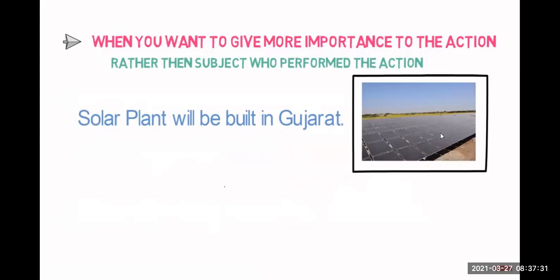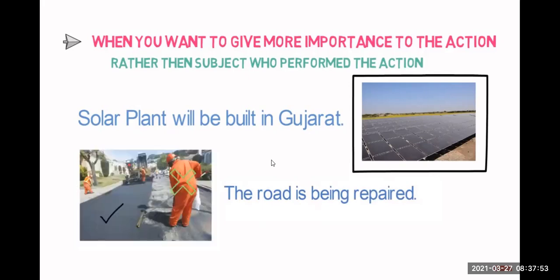The important thing is that the solar plant will be built and not who is building it. Then we have the other example: the road is being repaired. As you can see, it's not important who is repairing the road.